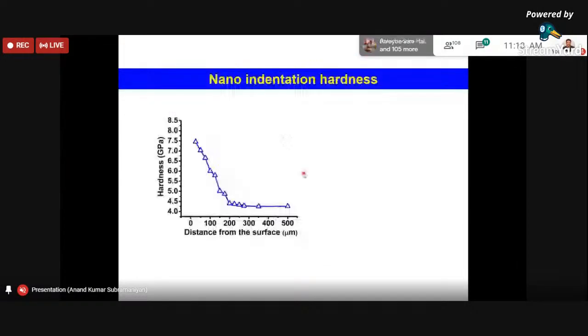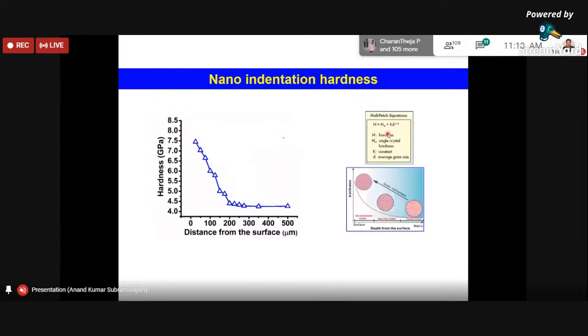And if we do hardness measurements, primarily by nano indentation, you can see that a significant hardness is there at the treated layer, and then it keeps decreasing and reaches the parent material hardness, for which we know the Hall-Petch equation can be correlated, and the grain refinement is the reason for the increased surface hardness at the peened layer.